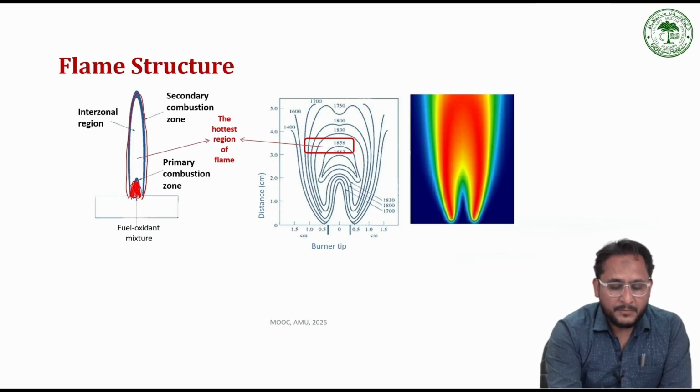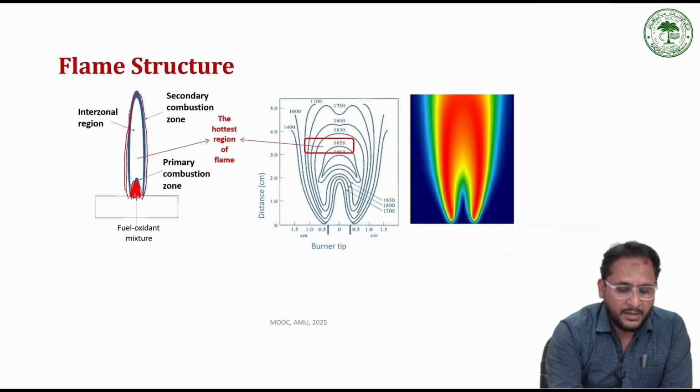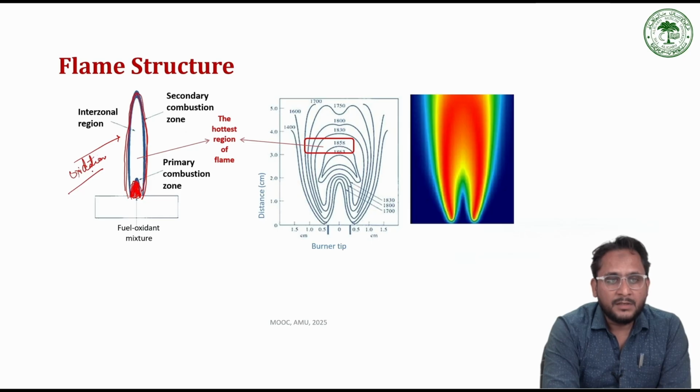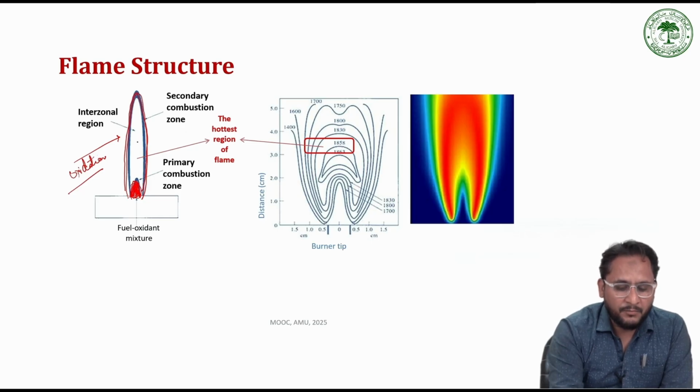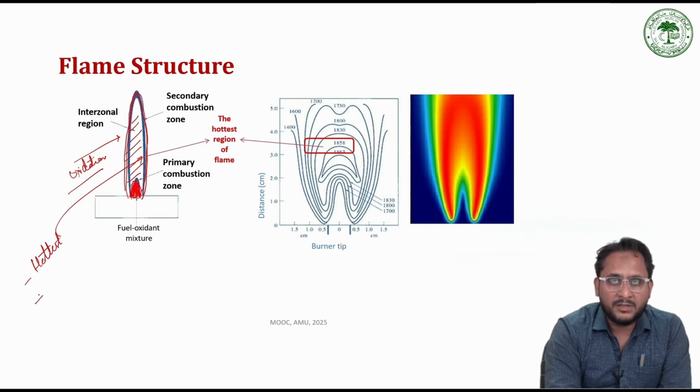In the secondary zone, since it is the outer zone, if we burn the sample here, there is a chance of oxidation, which of course we never want to happen, and therefore we prefer this particular region, called the internal zone, for atomization, because this is the hottest region and the possibility of oxidation of the sample is minimum here.